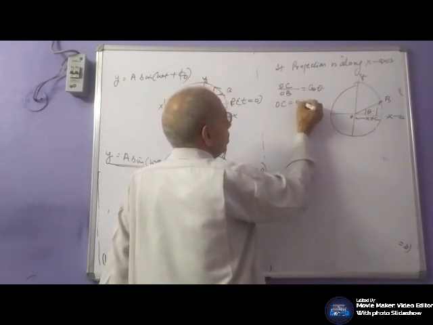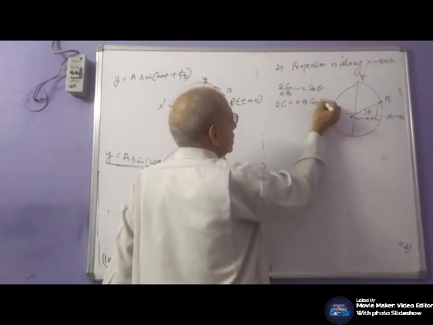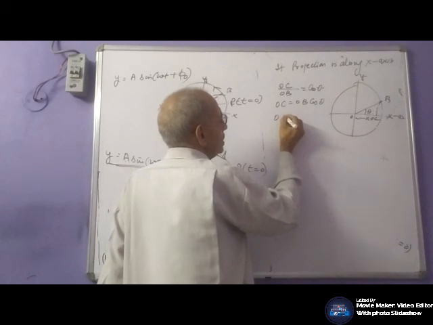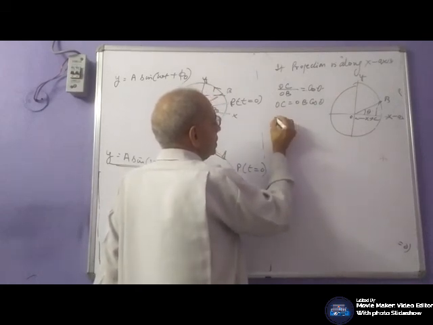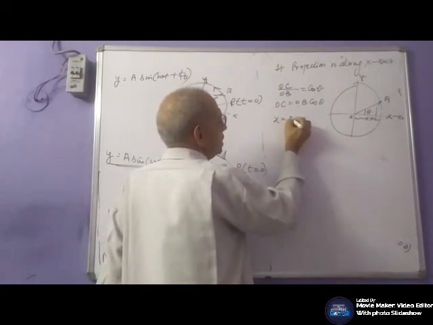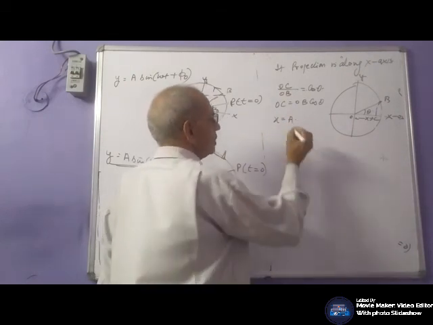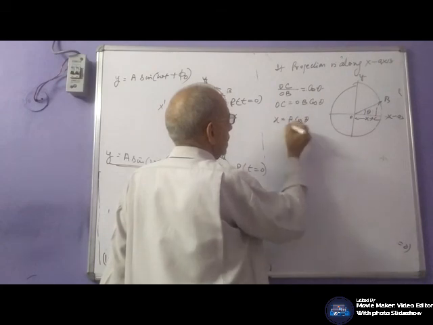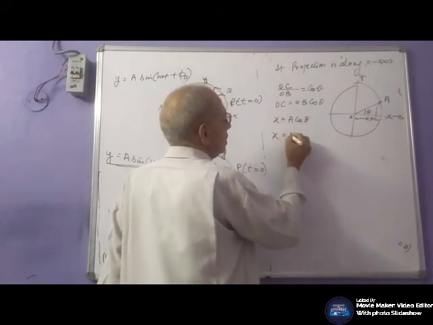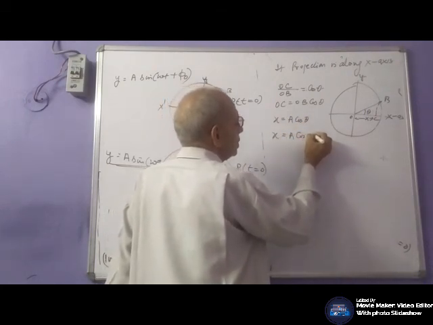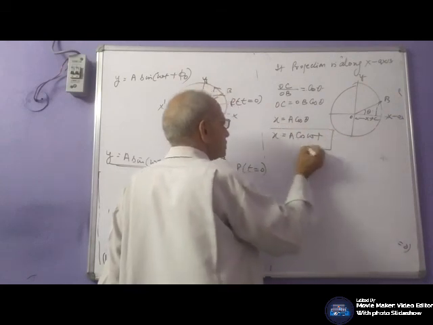OC is X, OB is the radius of this circle, so X is OB cos theta, or A cos omega t.